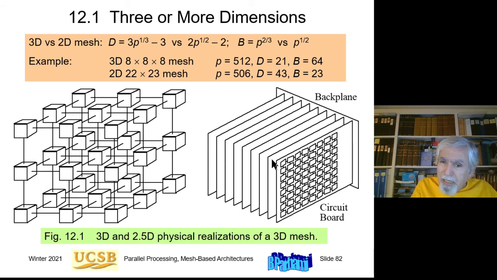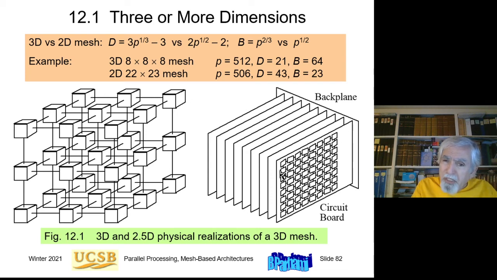However, the next layer of the mesh will be on a different board, and connections between this layer and that layer will not be equally short, because wires have to go to the backplane, travel over the backplane to the other board, and then on that board.